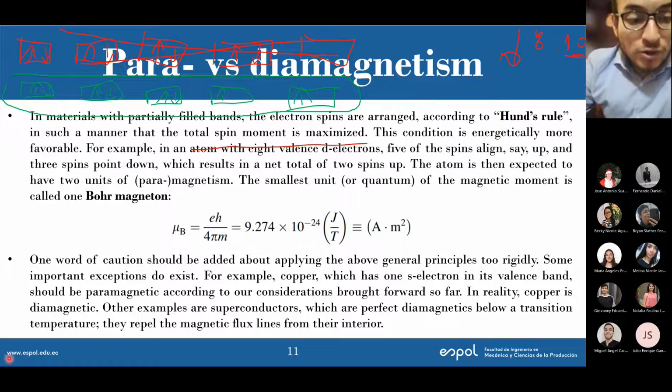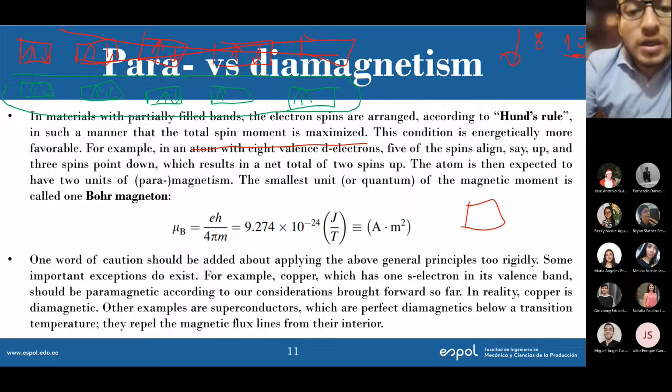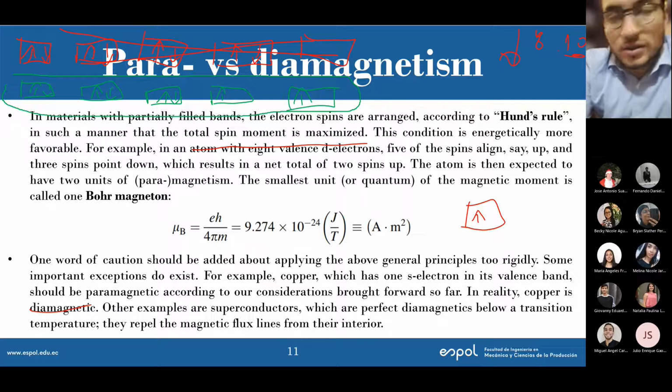S can hold up to 2, so that will be only one level, and it has one electron. So there is a net magnetic moment, just one unit of paramagnetism. So you will think, then this material should be paramagnetic. But actually, copper is a diamagnet. Well, not a perfect one, I'm lying. But it has a diamagnetic behavior and not really a paramagnetic behavior.